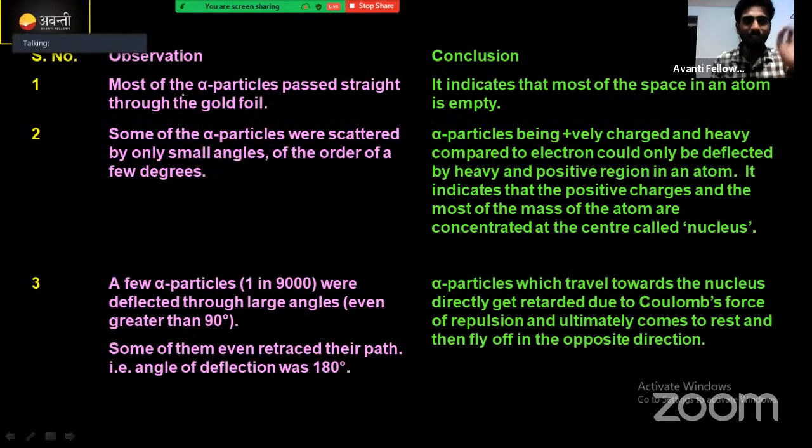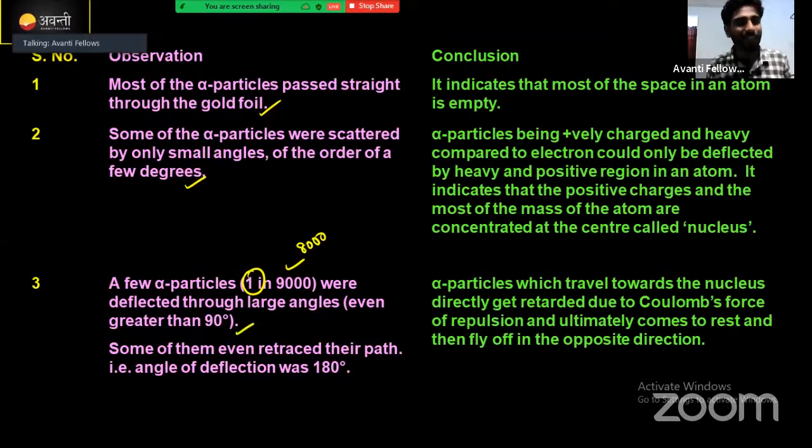Coming to the next point, observations. First, most of the alpha particles passed through the gold foil. Some of the alpha particles were scattered by only small angles, of the order of a few degrees, which means a very small angle of scattering. Few alpha particles, 1 in 9,000, were deflected through large angles greater than 90.